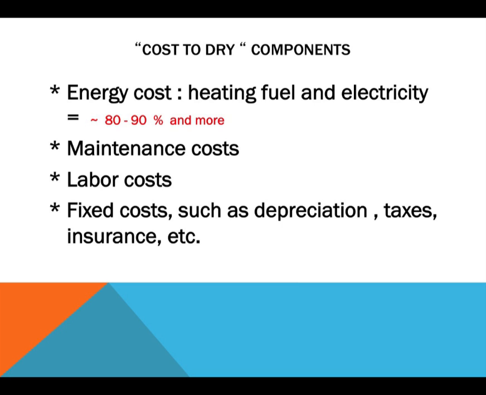But if you have old dryers that need a lot of work, every year you're replacing screens or sections in them, those things add up over a period of time. Labor costs: this is not only labor costs to do the maintenance, but also inefficient, slower dryers take more time to dry your product, therefore your labor costs are up and so forth.